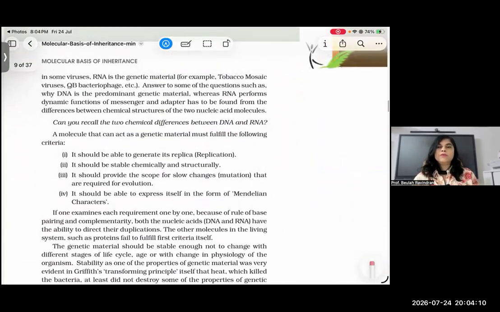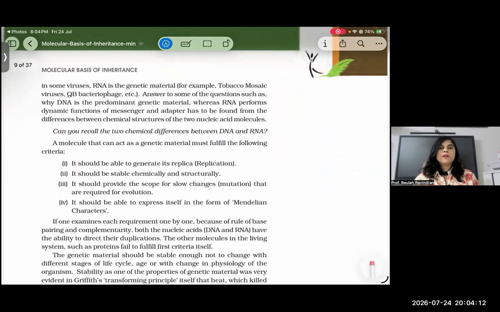Can you all write this? Then only it is easy for you to understand. What are all the steps involved in this experiment?